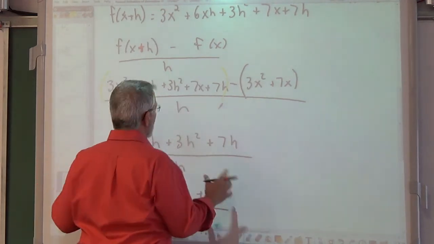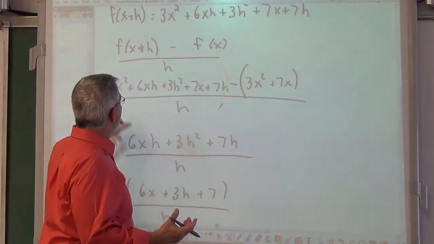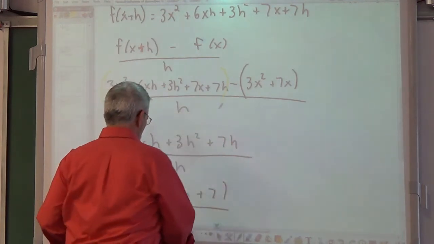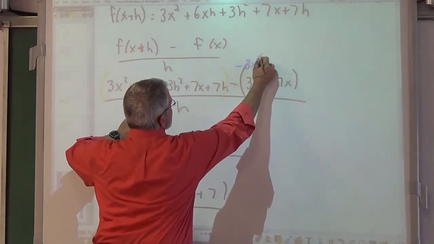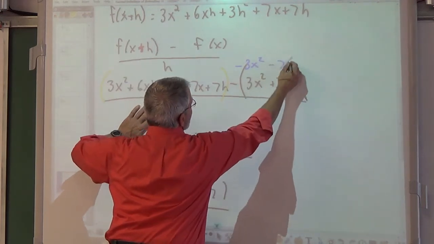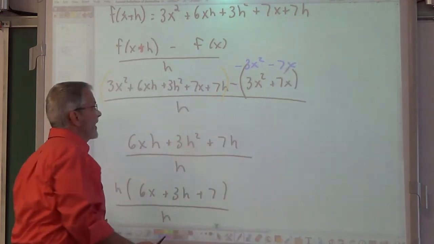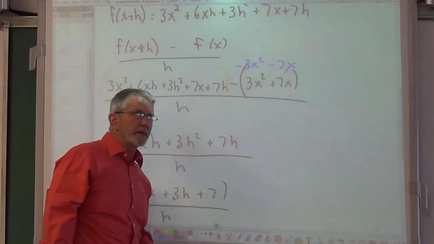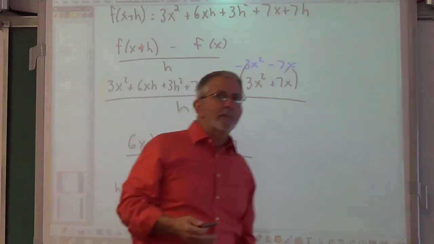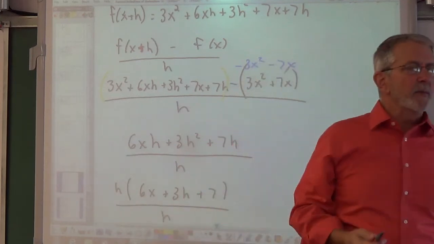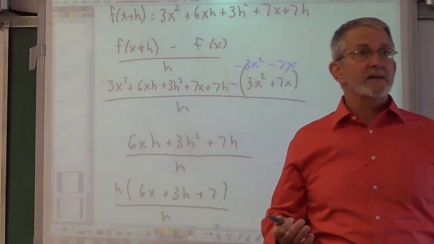So, if I do some chalkboard math here, what's going to happen? I'm going to distribute the negative sign, and this is going to be 3x squared minus 7x. And I'm going to simplify the top now, simplify the numerator. And notice, and this happens every time with this difference quotient, everything without an h is going to subtract away.